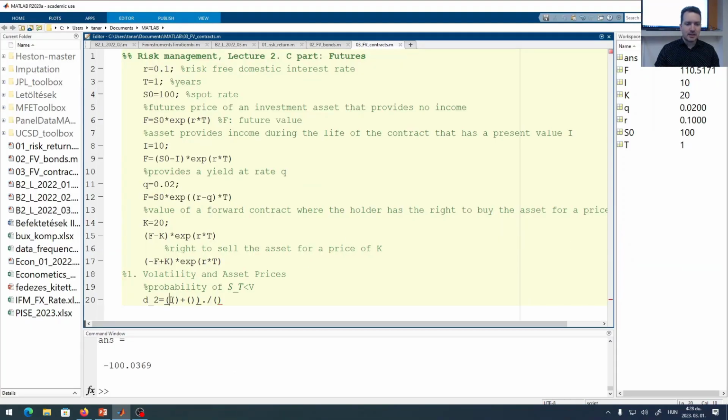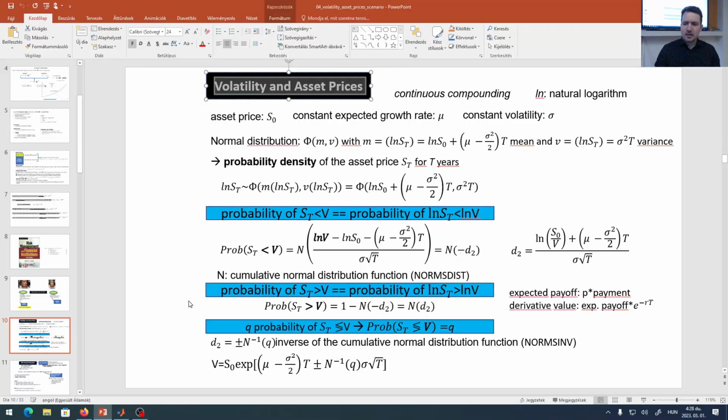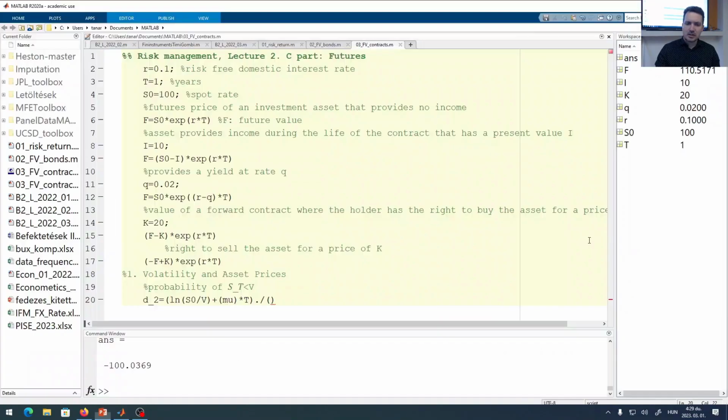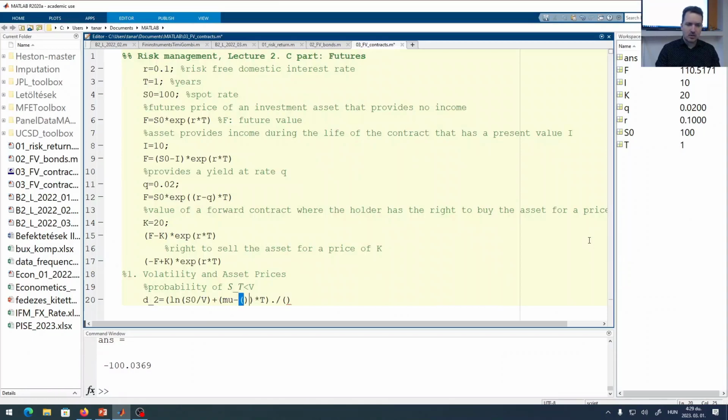and after that we can say that, okay, there is natural logarithm, and after that S0 divided by the threshold V, and here we have multiplication with T, and after that this is the mu, the expected value, minus another bracket, sigma squared.